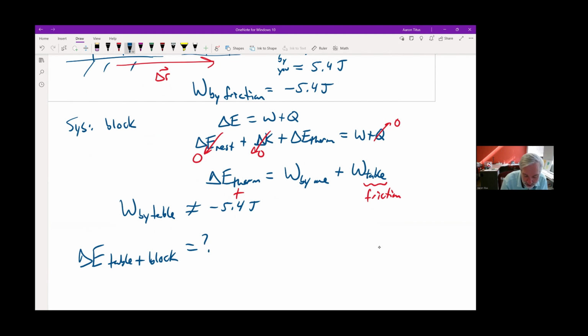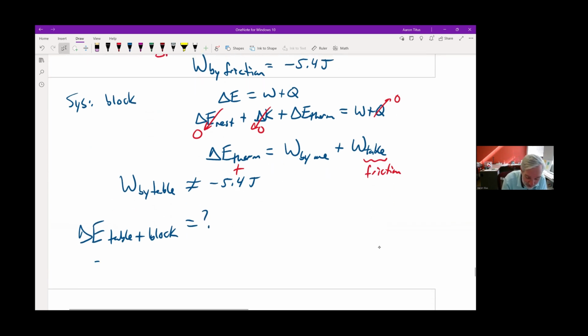And so what's the change in energy of the table and block system? So now if you define your system as the table and block together, now that is a closed system. Well, it's not closed because I'm doing work on it actually, but there's nothing else other than me doing work. So we'll say that.